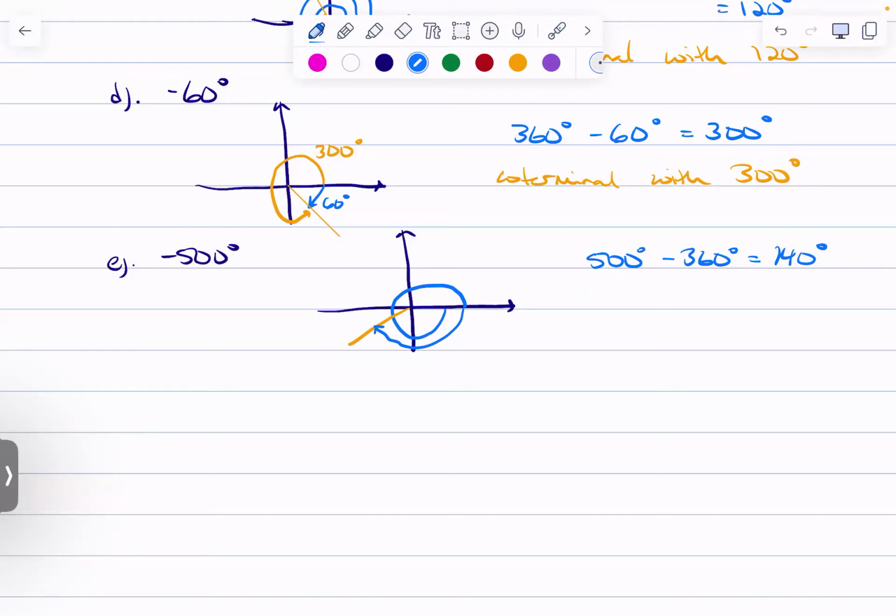Oops. Now this distance, let's make it more clear. Must be 360 minus 140.